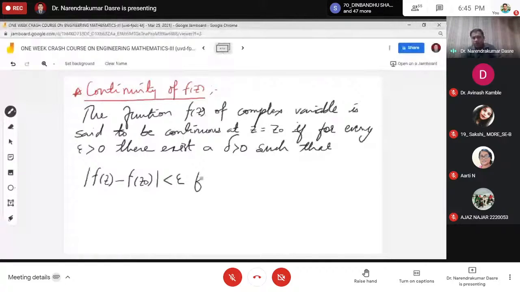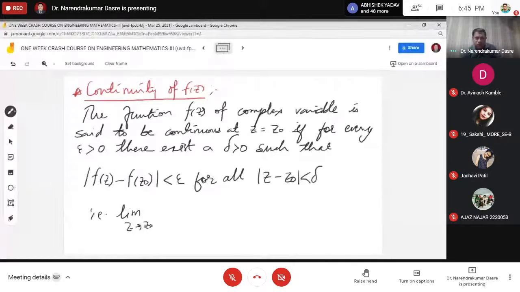Here we can write this as limit of f of z as z tends to z0 is equal to f at z0.